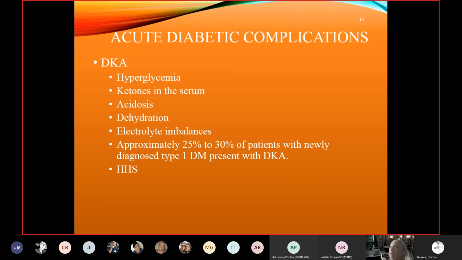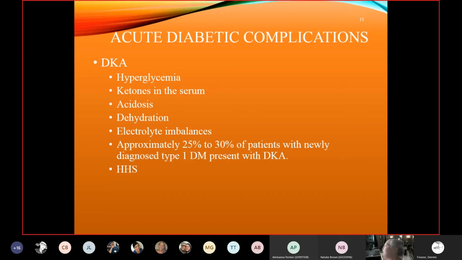So for instance, when I worked in ICU, when I was working in North Las Vegas years ago, within 1 week, we had 2 young Black men come in. One was 16 and the other one was like 19 or 20. Both of them came in DKA. One of them had a blood sugar of 700 and something, and the other one was over 1,000. They both ended up in the ICU.